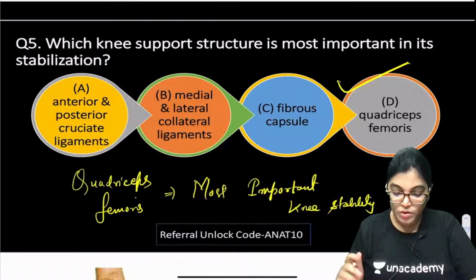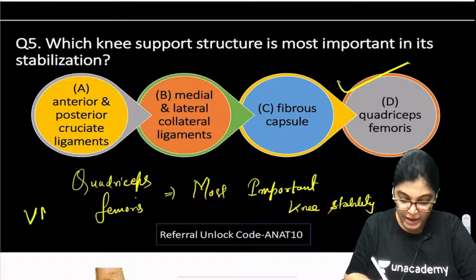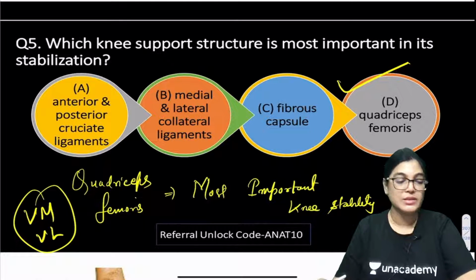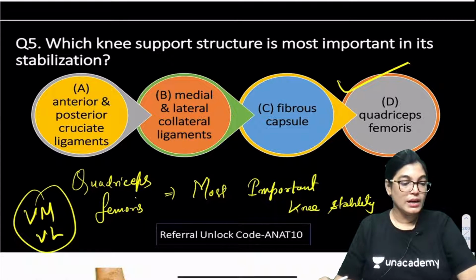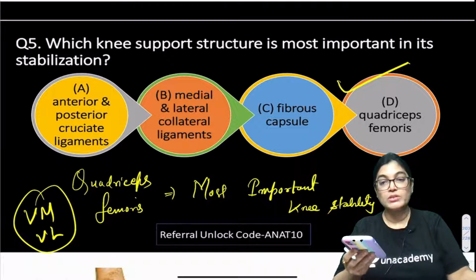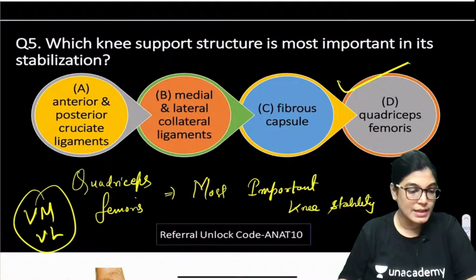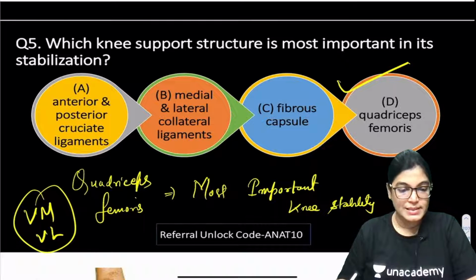If you want to know which muscle is most important, VM and VL, that is vastus medialis and vastus lateralis. Okay, let's move on to the next, question number 6.